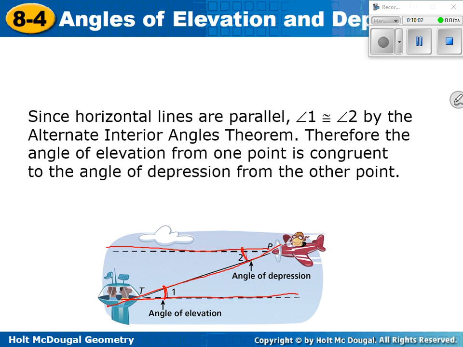They're alternate interior. So every angle of elevation is going to be congruent to its corresponding angle of depression. So if your problem gives you information about an angle of elevation, but what you really need is the corresponding angle of depression, you just know they're going to be the same. Does that make sense? Okay, so I'll show you in some problems later.